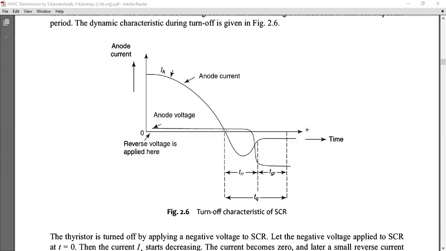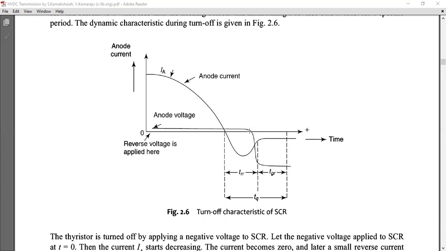After turning off, the thyristor continues to conduct because of the charge stored in the SCR, and it acts as a short circuit with a small positive voltage across it. Even after the current is reversed, the stored charge produces this small positive voltage. Up to that time, about 60% of the stored charge will be recovered.